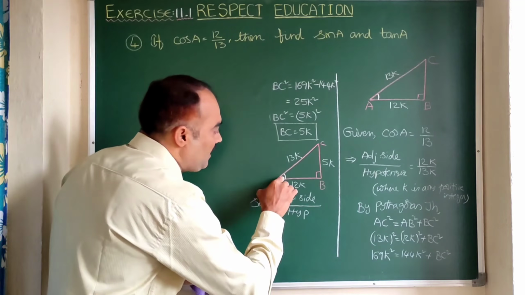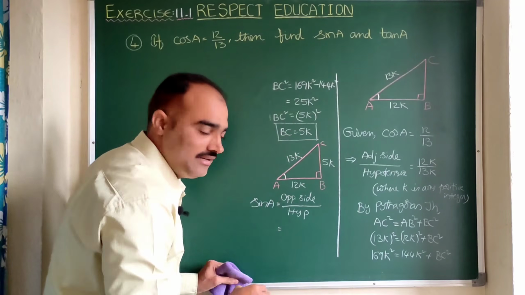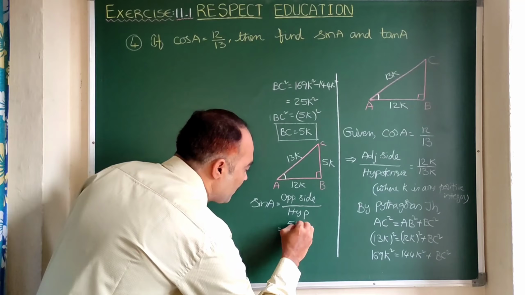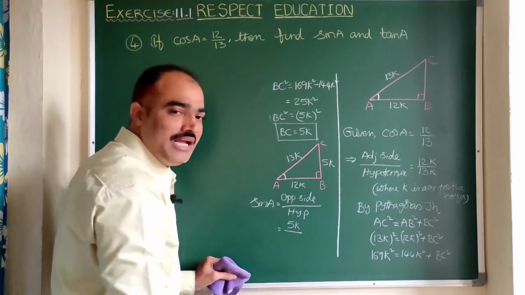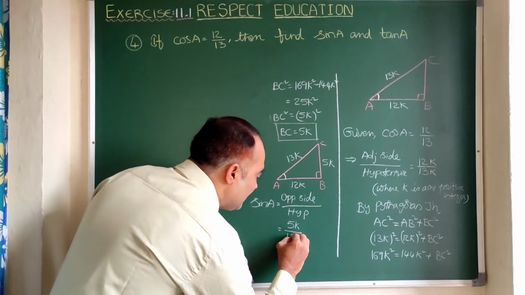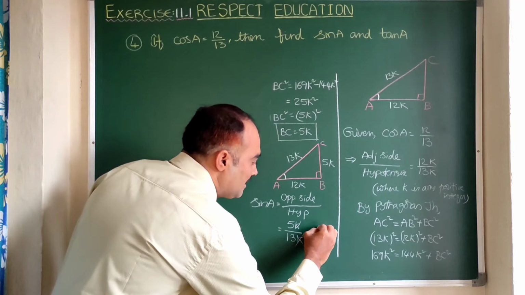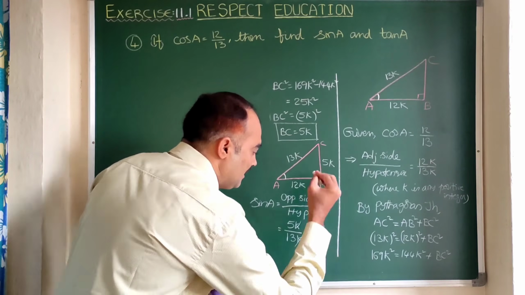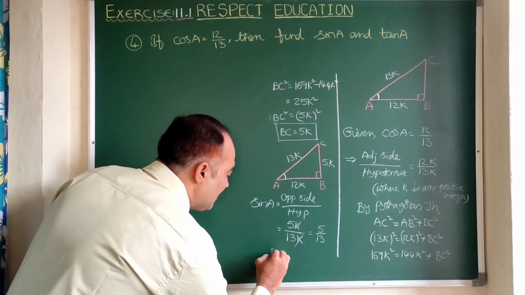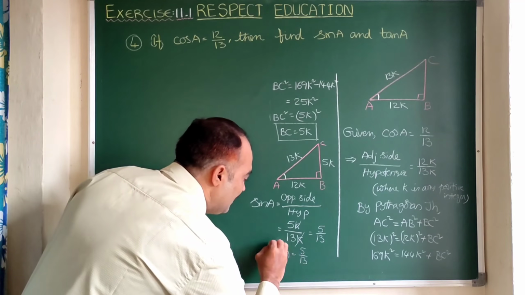So for A, what is the opposite side? BC. How much is BC? 5k. For A, what is the hypotenuse? AC. What is AC? 13k. Now as usual we can cancel k and k. So the answer is 5 by 13. So sin A is 5 by 13.